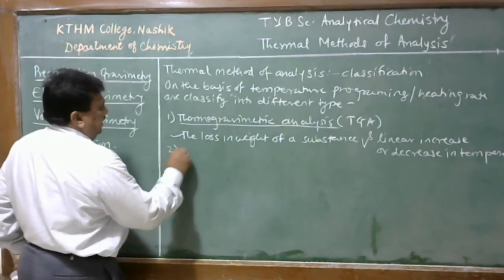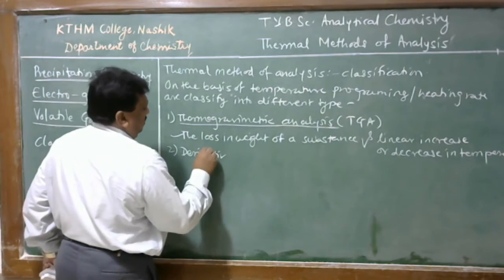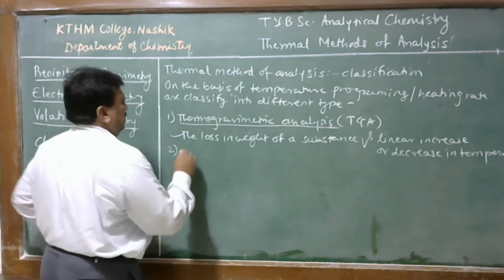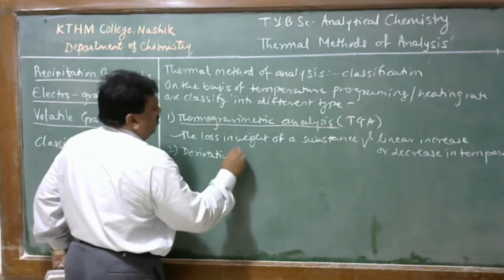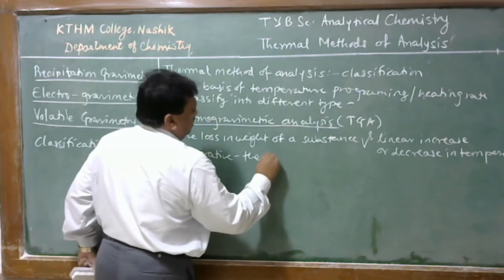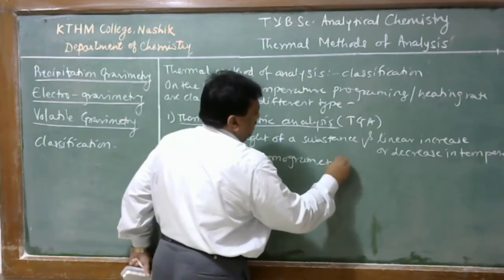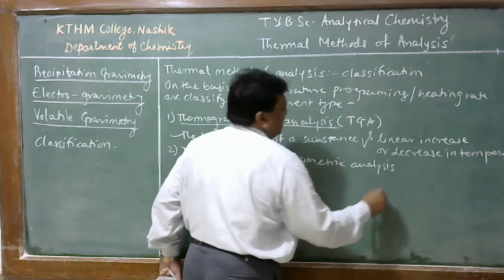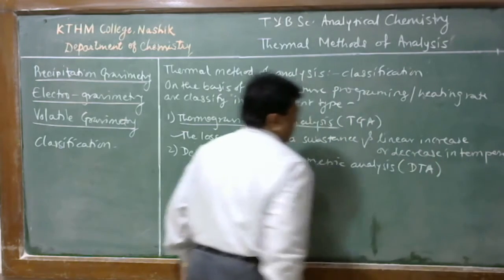The second method is derivative thermogravimetric analysis. It is called as DTG, derivative thermogravimetric analysis.